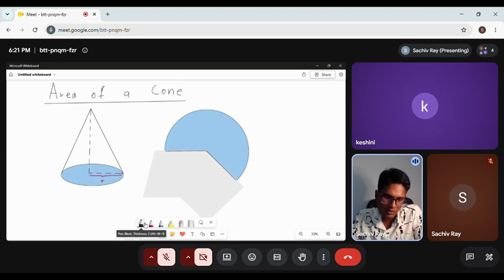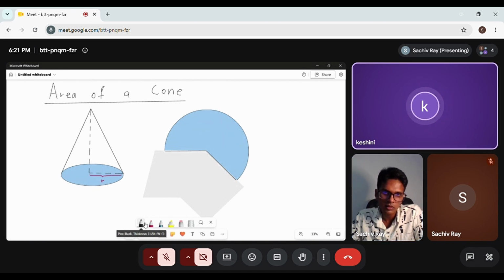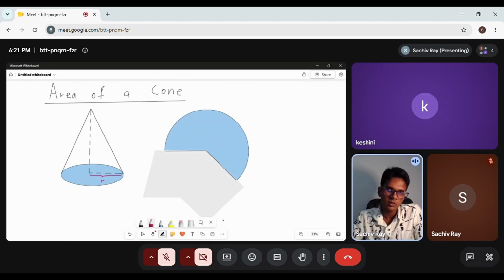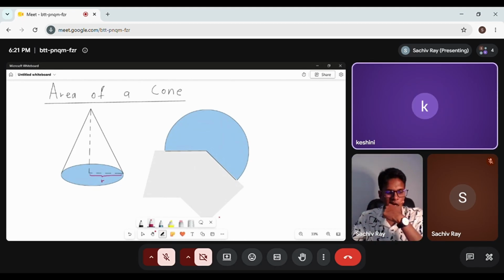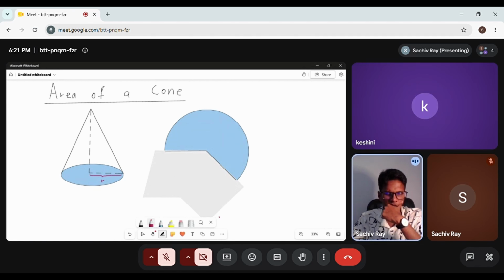Now how do you find the area of a sector? Theta over 360 times 2 pi r.